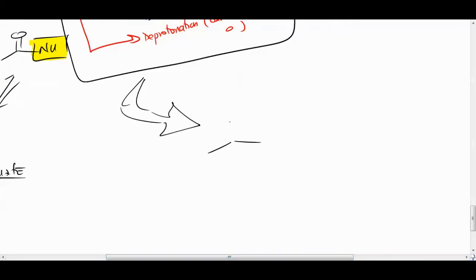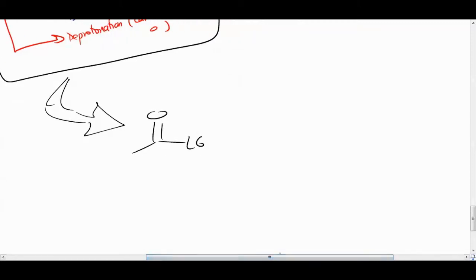Alright, so if we start off with this, the leaving group, some random carboxylic acid derivative, we're going to react it with a nucleophile, right? And it's going to be an acidic condition.